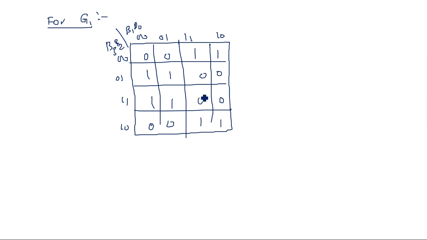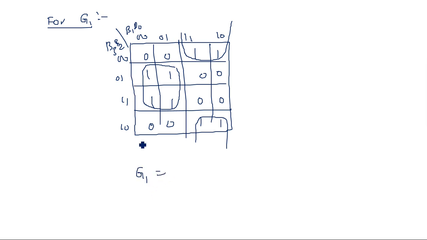So how to map this? So these two and these two. So it is a group of 4 ones and it is also a group of 4 ones. Now check what is the expression for G1.